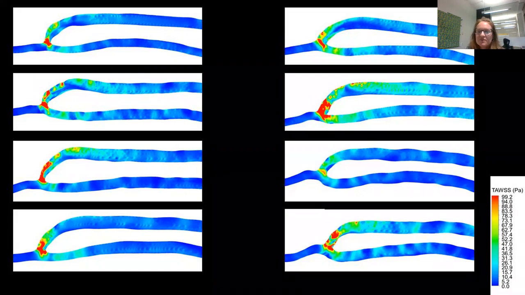Because one of the things we've found is that a lot of earlier work was done using either idealized geometries like we did, or else they might have gained the patient geometries in some way, but then they assumed what the flow conditions were. And what we found is that it's really critical to use the right flow conditions. Otherwise, you may as well be modeling any sort of geometry.